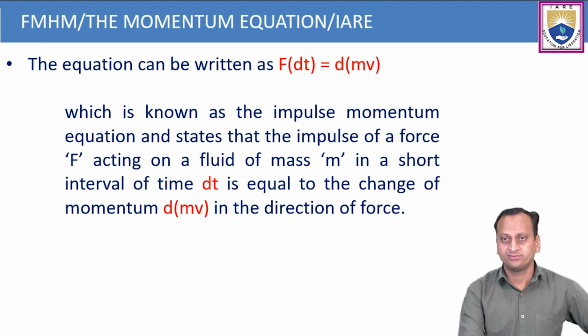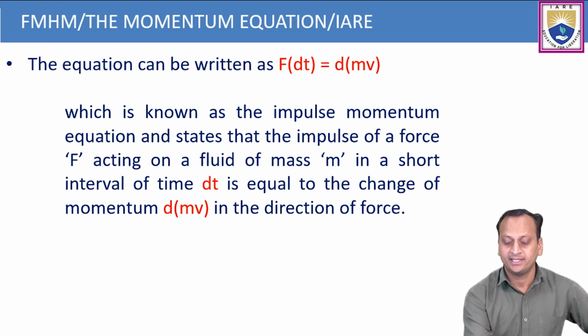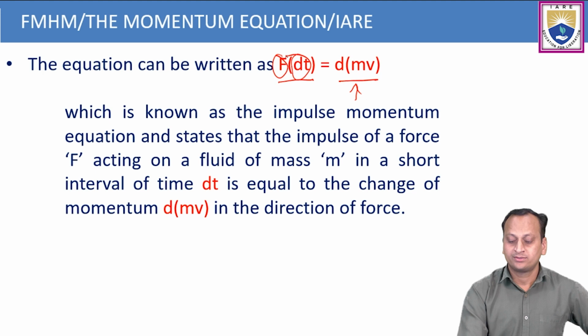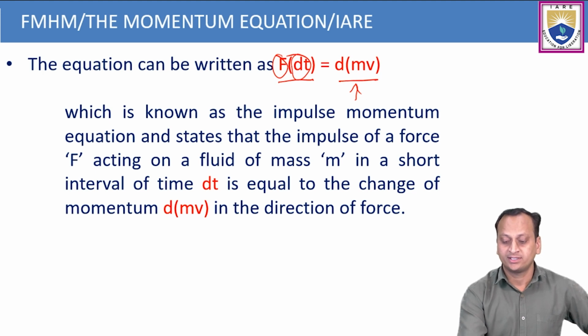In other terms, we can write F equals d(mv) by dt, also written as F dt equals d(mv). It indicates the net resultant force F acting on a fluid mass m for a period of time dt, and it causes a change of momentum d(mv).